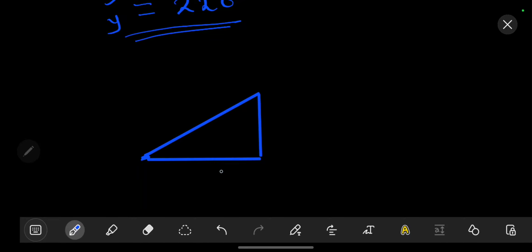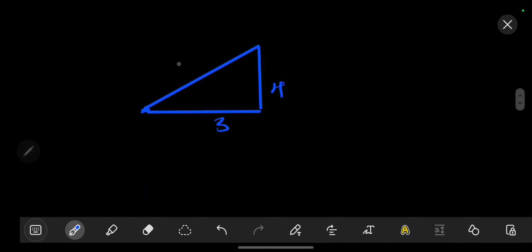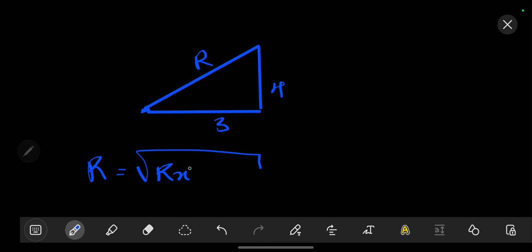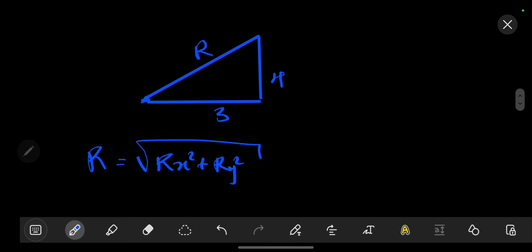If we have sides such as 3, 4, to find the missing side here, which will just be a 5, let me call this one our resultant. We know the resultant should be equal to the square root of rx squared plus ry squared. As you are used to with Pythagoras theorem, you are going to say maybe c squared is equal to a squared plus b squared, which is just the same.